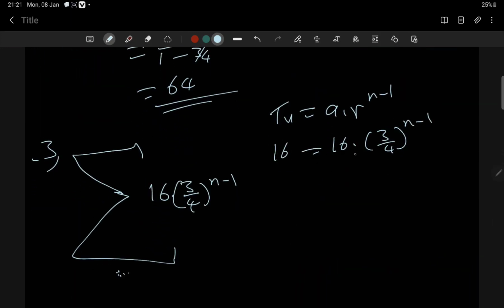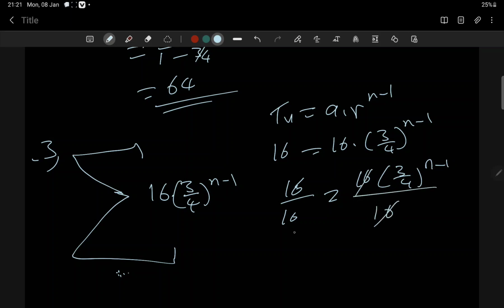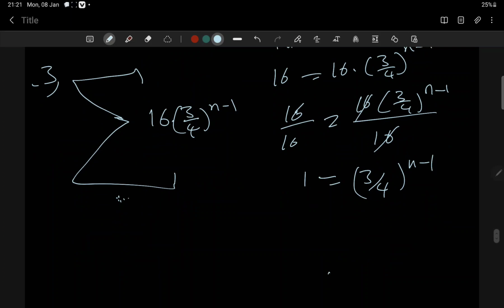Then let's simplify to solve for n. Divide both sides by 16, 16 over 16 equals 16 into 3 over 4 to the n minus 1, everything over 16. Cancel out. 16 over that is 1, and 3 over 4 to the n minus 1.